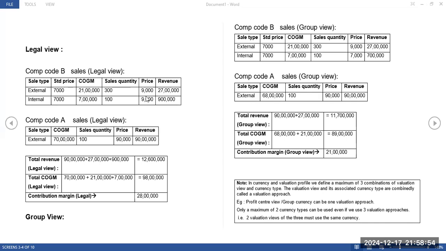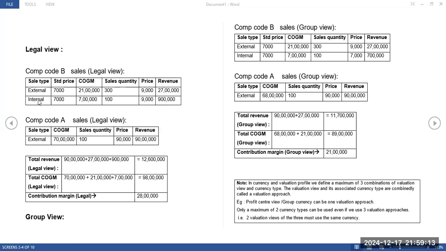The standard price set in SAP is 7,000, but the market price is 9,000. The revenue based on this is 2.7 million, so we have a net profit of 600,000.